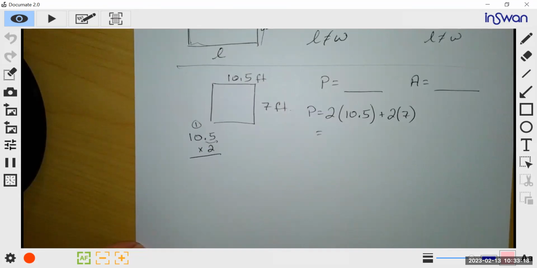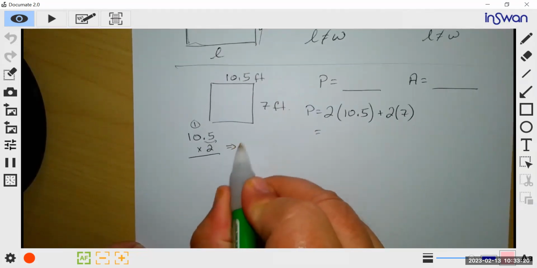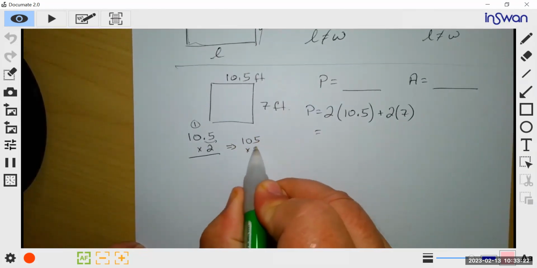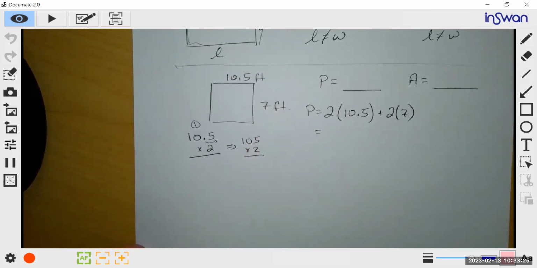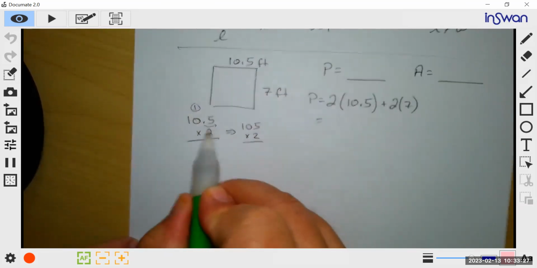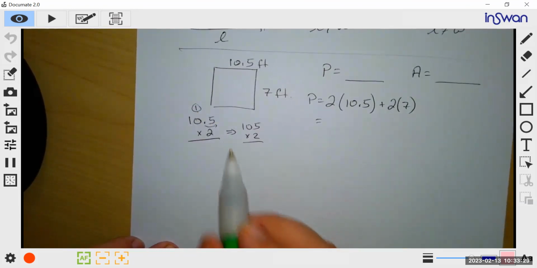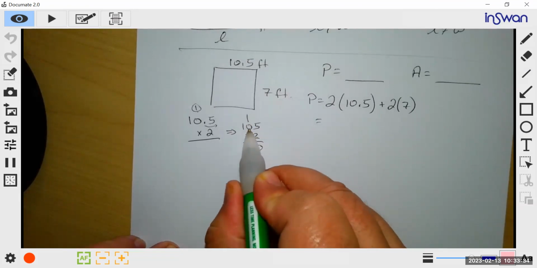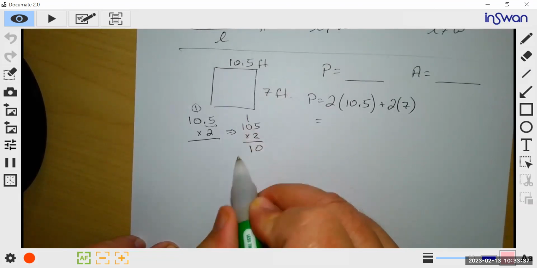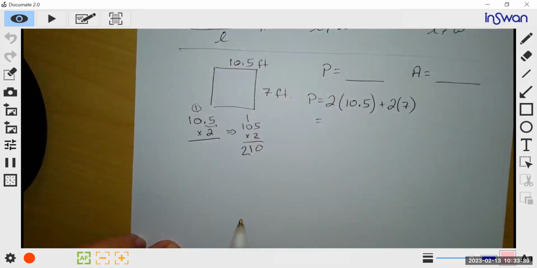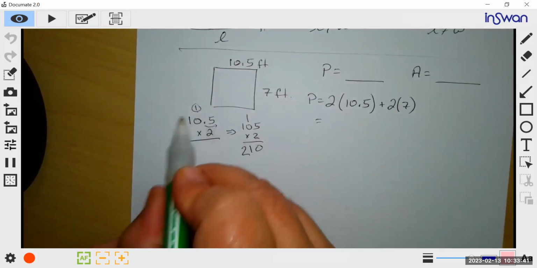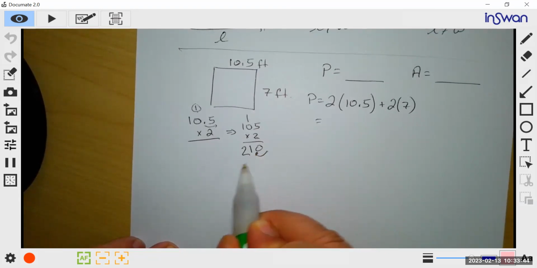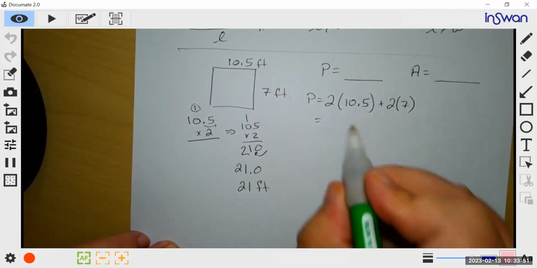Record how many spaces you move to get rid of it, because then we'll put it back at the end. I had to move 1 space to get rid of it. So at the end, I got to put it back. So 2 times 5 is 10. 2 times 0 is 0 plus 1. 2 times 1 is 2. I got to put back that 1 decimal. So it's 21.0 or just 21 feet.